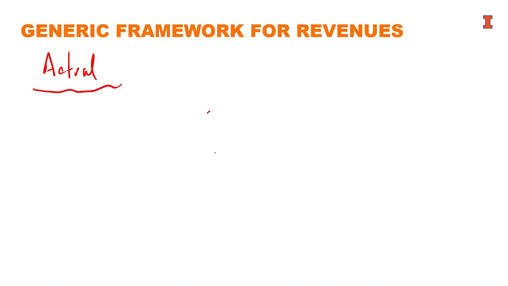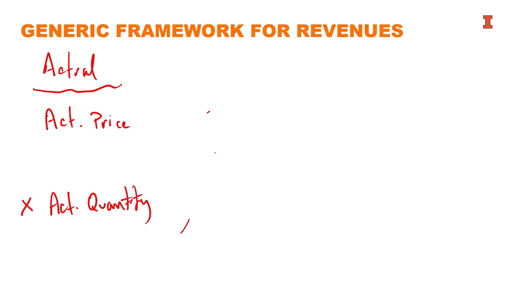So we have an actual price. To calculate total revenues, we would take that actual price, again per unit sold, and multiply by some actual quantity.